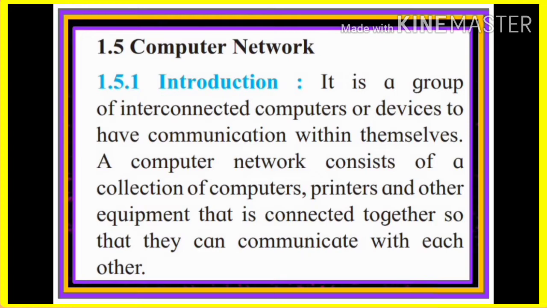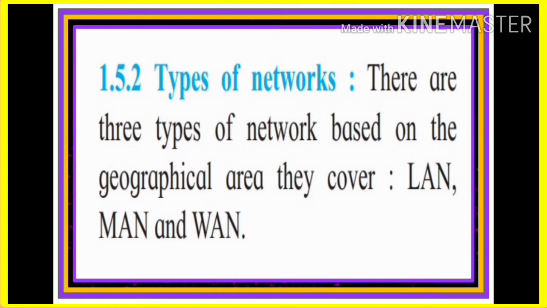When you connect more than one computer to another, it forms a network. Types of networks. There are 3 types of network based on the geographical area they cover. That is LAN, MAN, and WAN.